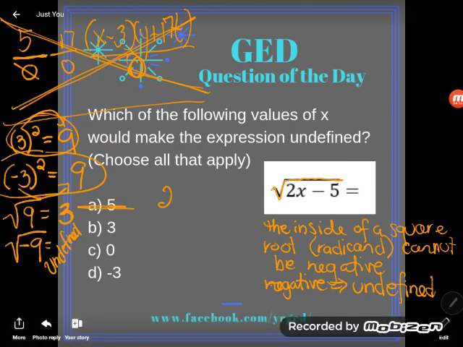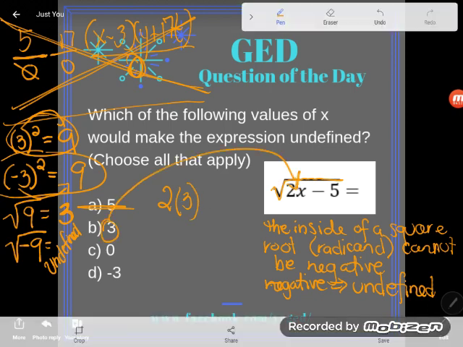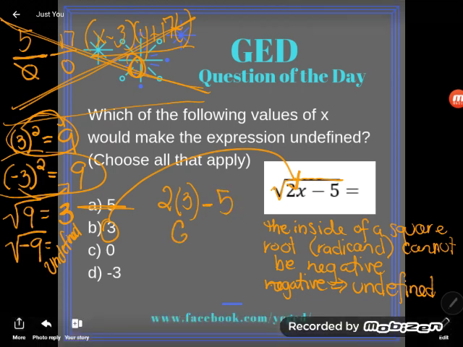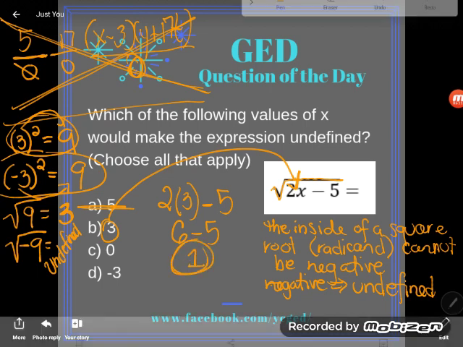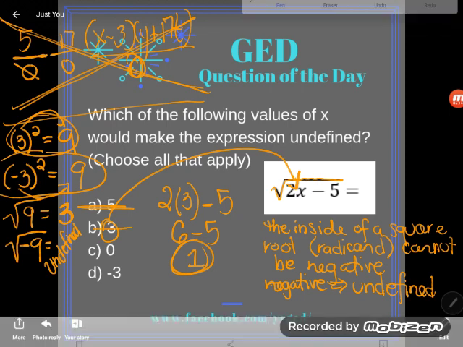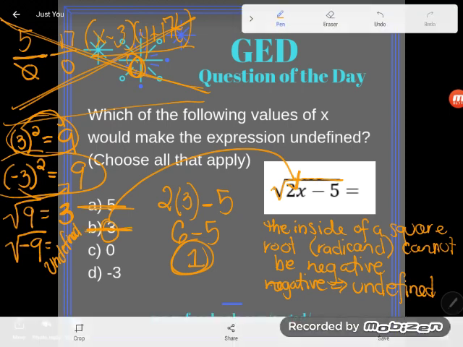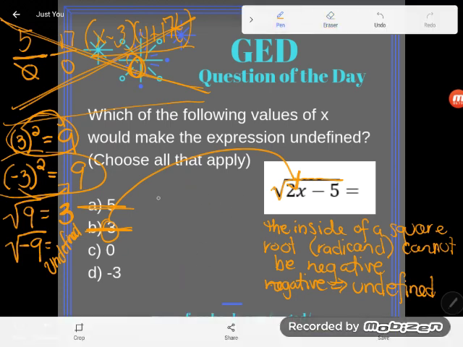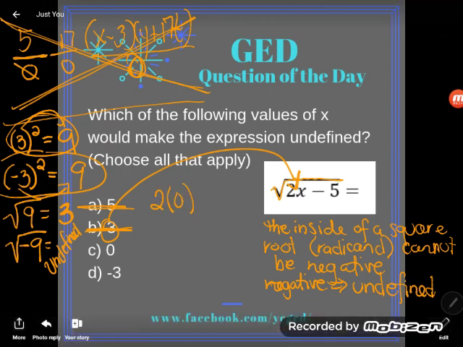Let's try it with 3. So 2 times 3. Again, I'm just putting in this value for x and seeing what happens to the inside of the square root, the radicand. So 2 times 3 is 6. 6 minus 5 is 1. Still a positive answer. I'm safe. We're not in the land of negatives. 3 would be fine. Okay, now let's take a look what happens if I turned x into 0. Okay, 2 times 0 minus 5.